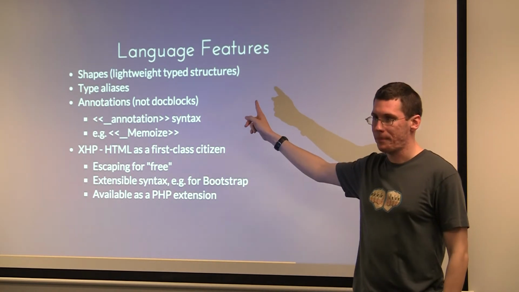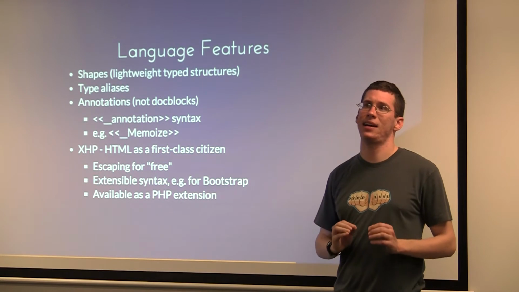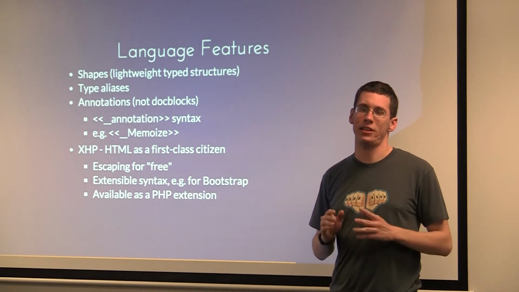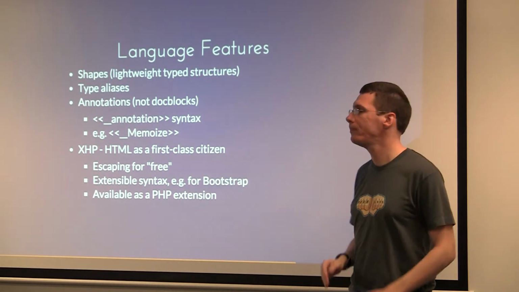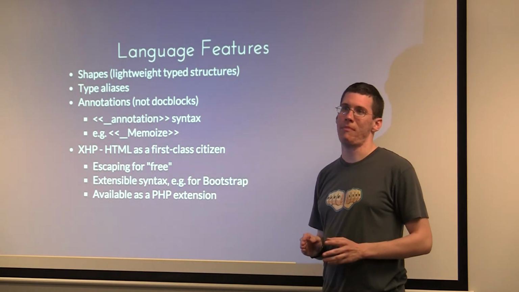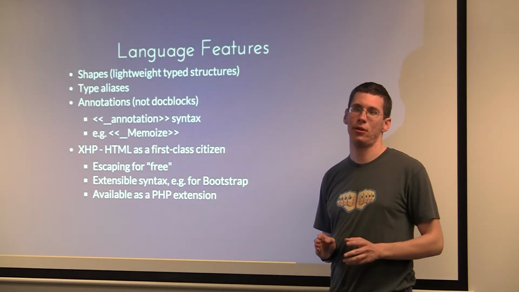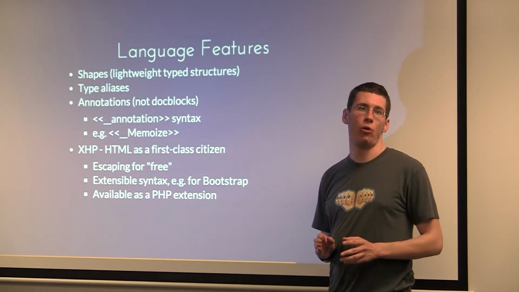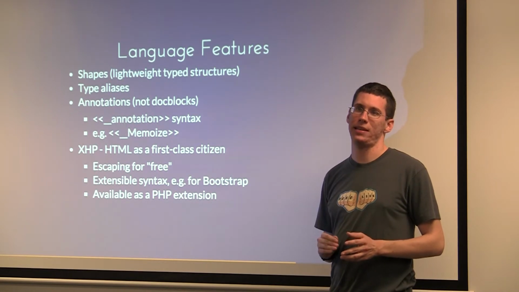You can use a shape. And that ties in again with the HH_client type checker. This is all about making code more predictable so that when you're looking at something, it's a little bit easier to see what's going on.